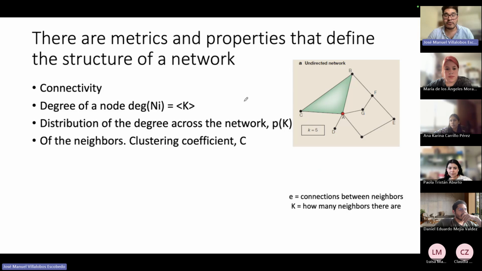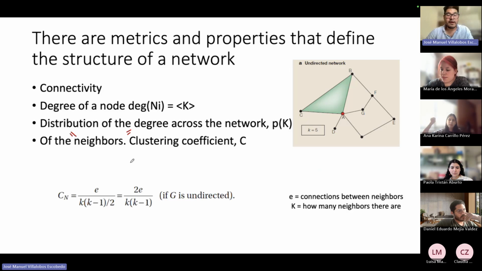Okay, this is the clustering coefficient, and we calculate it when we know how many neighbors each node has, and we summarize all of the neighbor numbers to create this clustering coefficient. It's something like that. E here is the connections between the nodes, and K is how many neighbors they have. For example, here, can you tell me how many neighbors node A has?